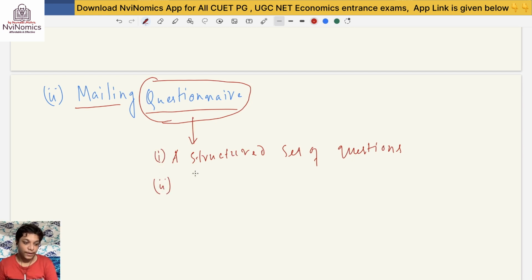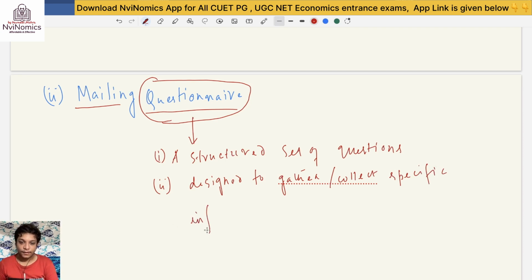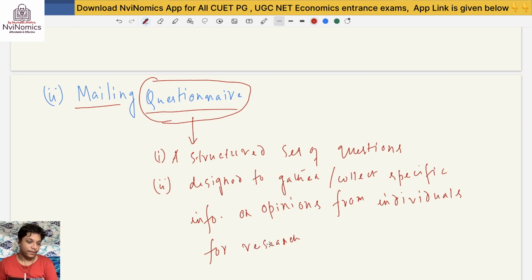Point number 2 will be, it is designed to gather or to collect specific information or opinions from individuals for research, assessment, or survey purpose.